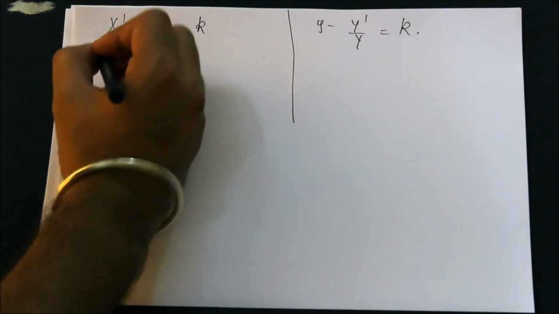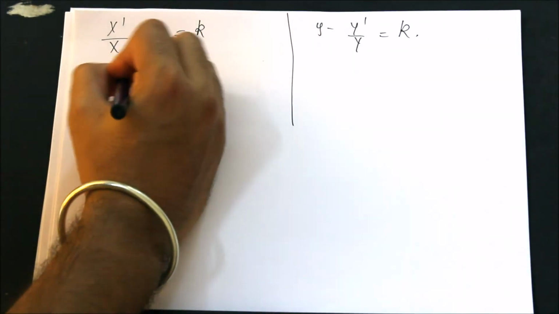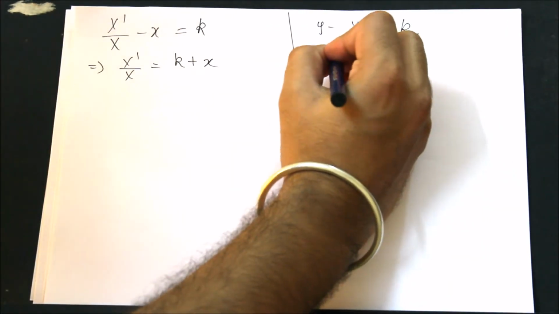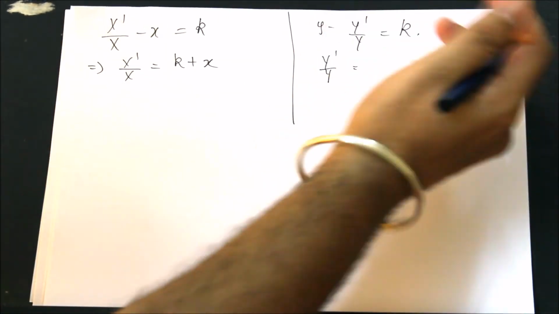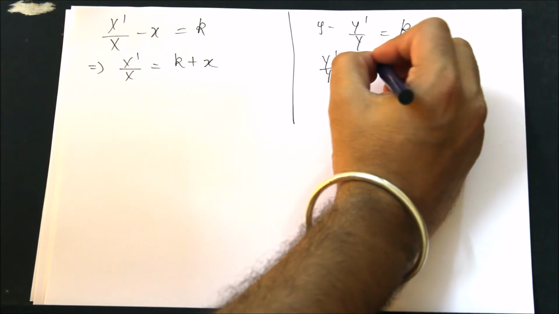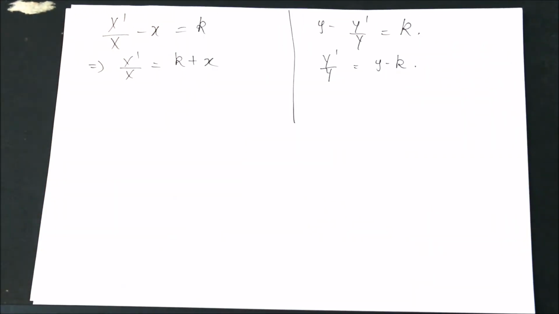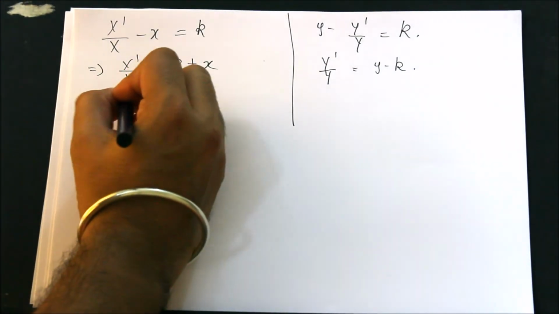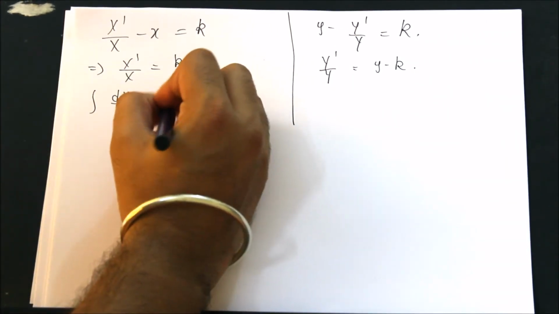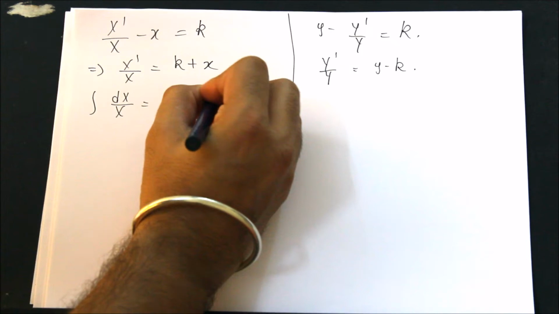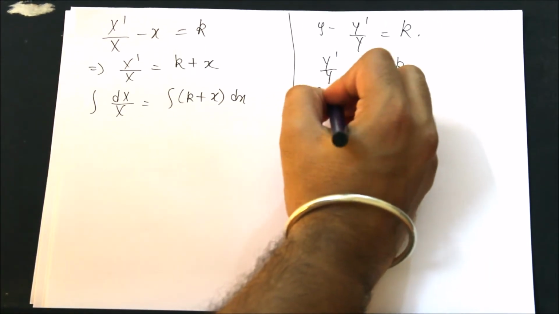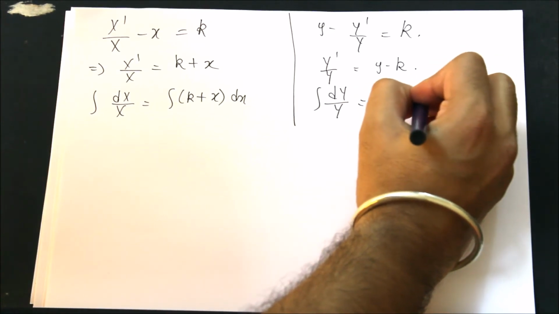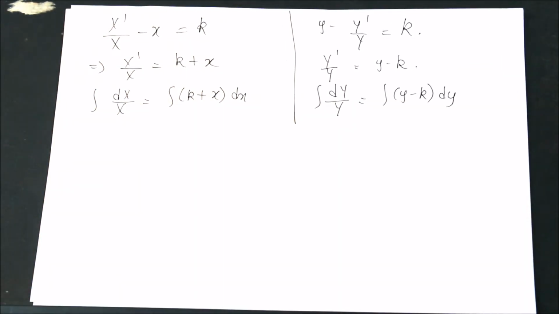If I rewrite, X dash upon X equals k plus x, and Y dash upon Y equals y minus k. Now if you simply do the integration, the integral of dX upon X equals the integral of (k plus x) dx, and the integral of dY upon Y equals the integral of (y minus k) dy.